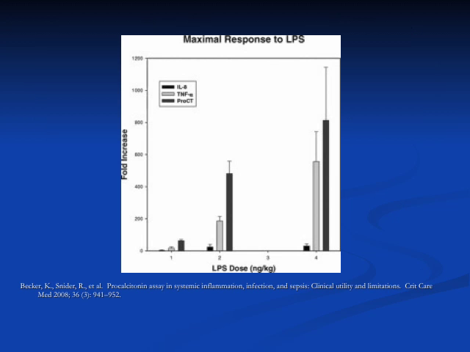This graph shows a peak fold increase, and I'm not sure if you can see it well. Concentrations in 4 healthy volunteers that were given endotoxin at increasing doses.